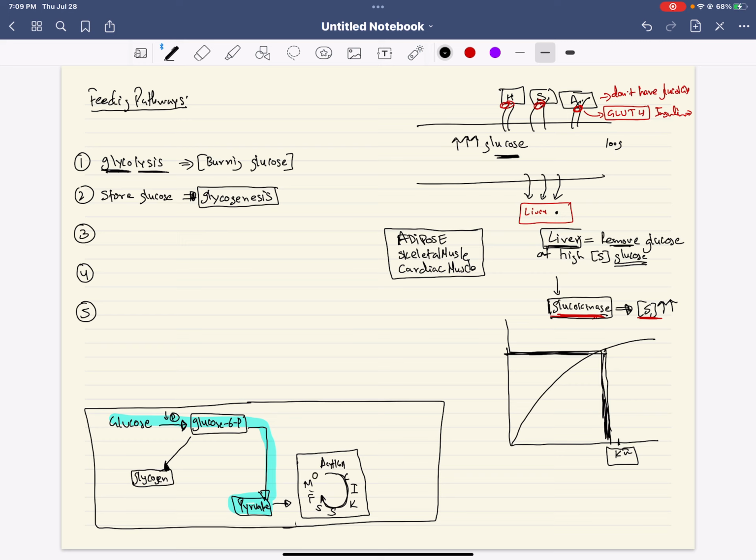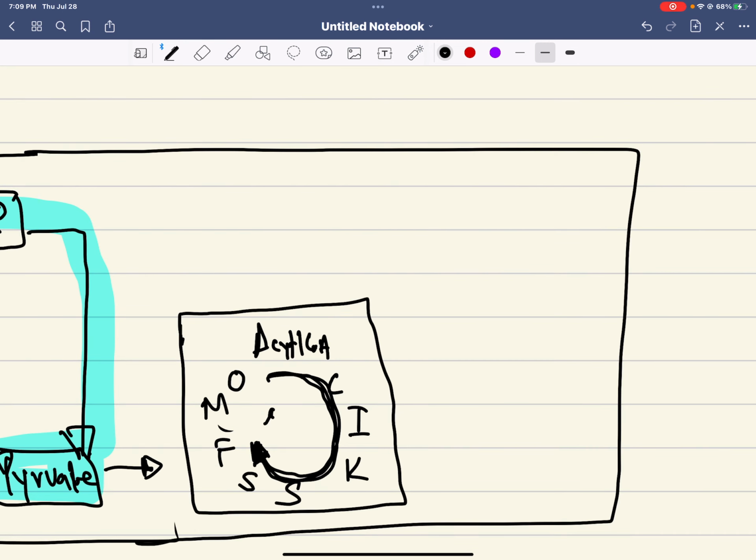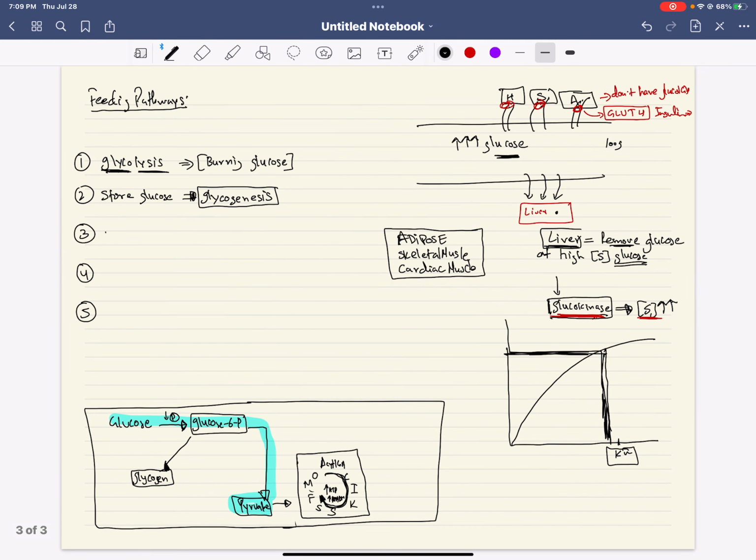Remember those Krebs cycle pathways? You will keep on making ATP, and NADH goes up. So basically you're filling up your ATP stores, and that would be the Krebs cycle.